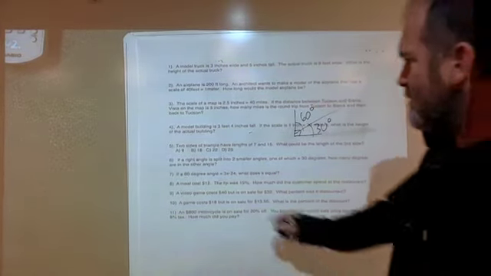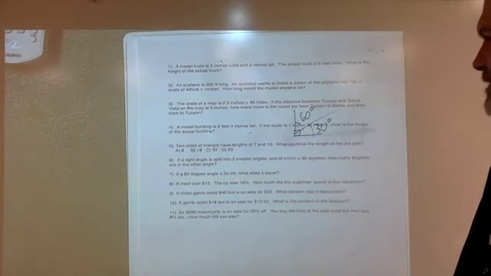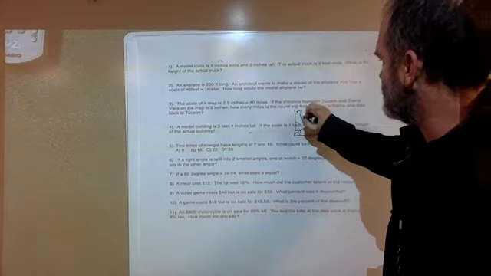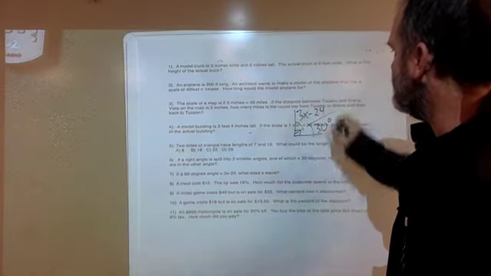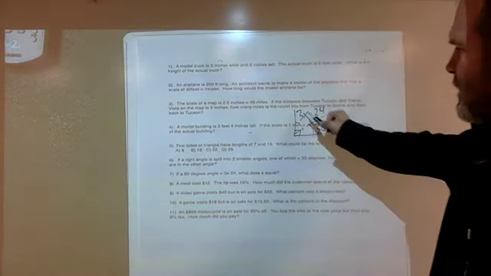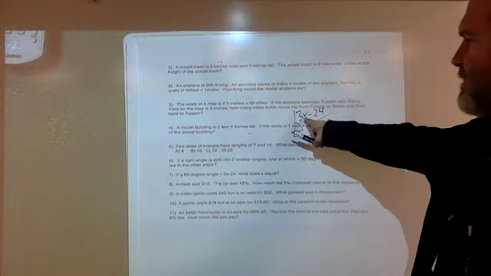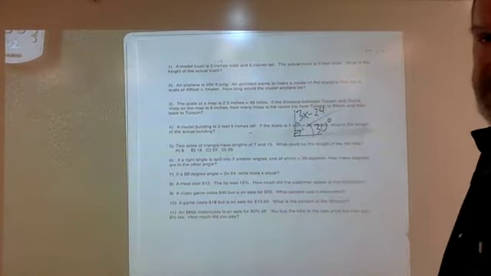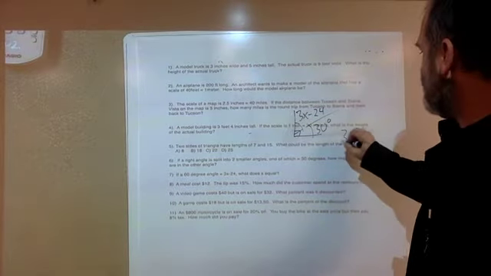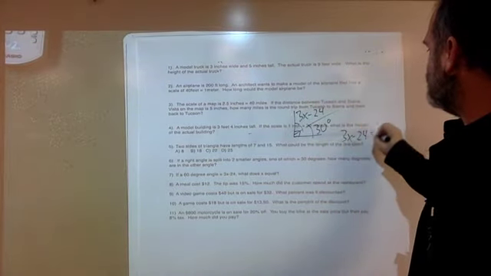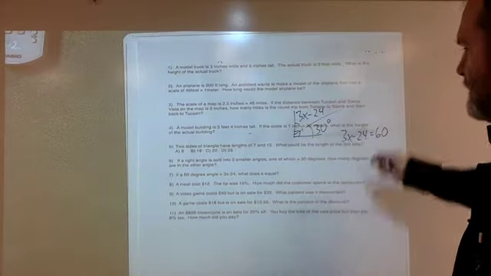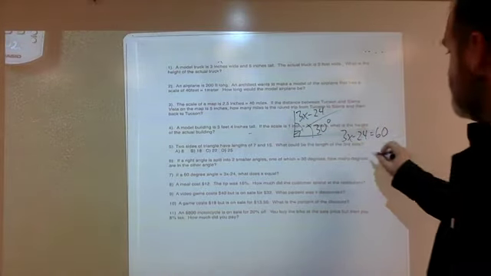All right, and then the next one, if a 60-degree angle is equal to 3x minus 24. So if you get a problem that looks like this, 3x minus 24, you got to solve for x. Whatever you put in for x, this expression has to equal 60 because that's how many degrees are in that angle. So 3x minus 24 is equal to 60, and then you just solve for x by adding 24 to the other side and dividing by 3.